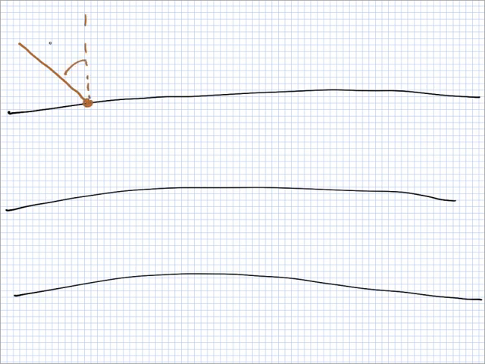Let's draw this again. How many layers have I got? 1, 2, 3, 4, isn't it? Right. So this one comes in at 35. Now I don't care if they ask me for it or not.